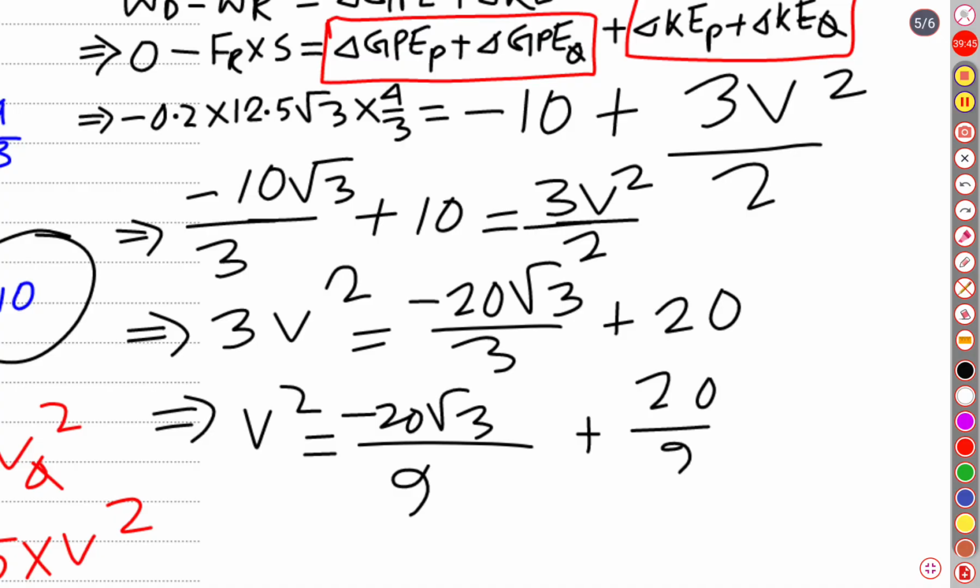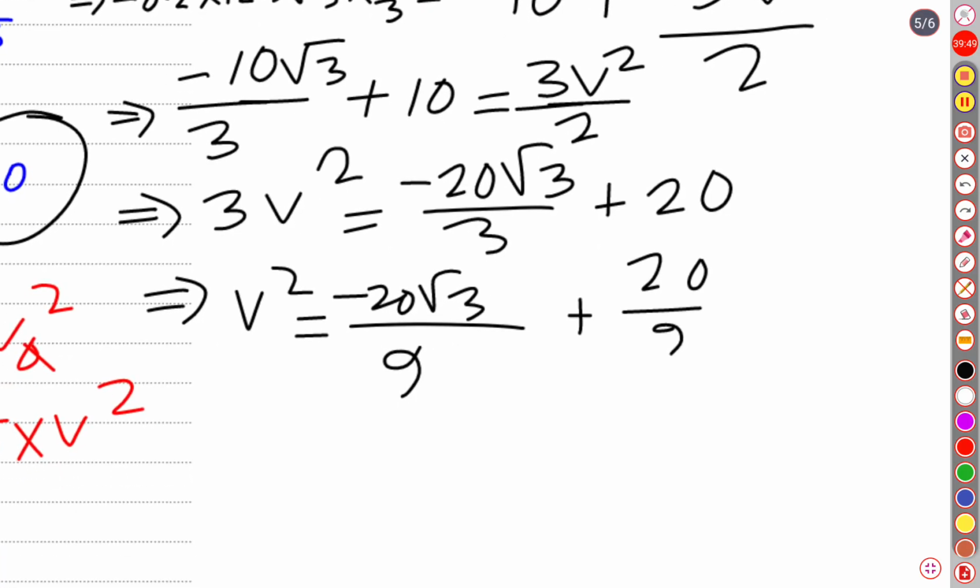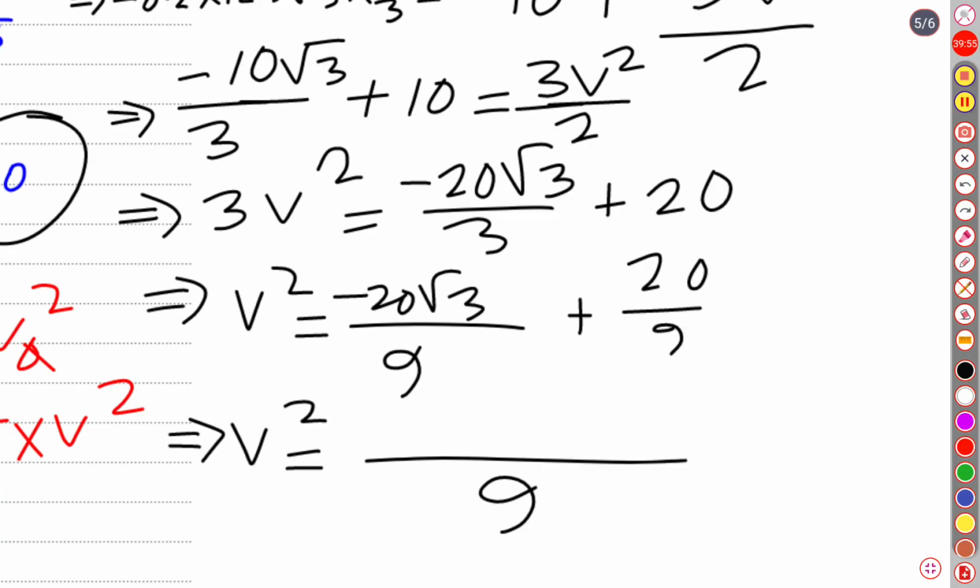Then our v square is going to be, one more step can be written expanding this. So our v square is equal to 9 over, that is 20 minus 20 root over 3. No, it doesn't make sense. There is something wrong somewhere. Sorry, it is going to be 20 over 3.